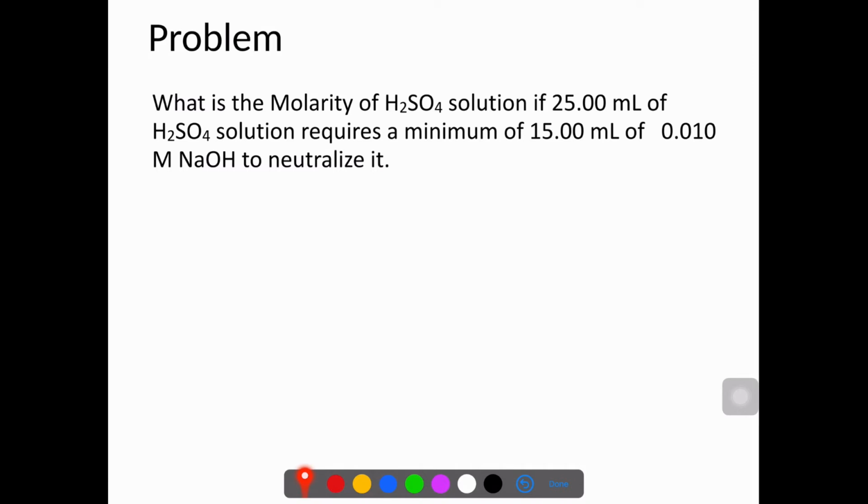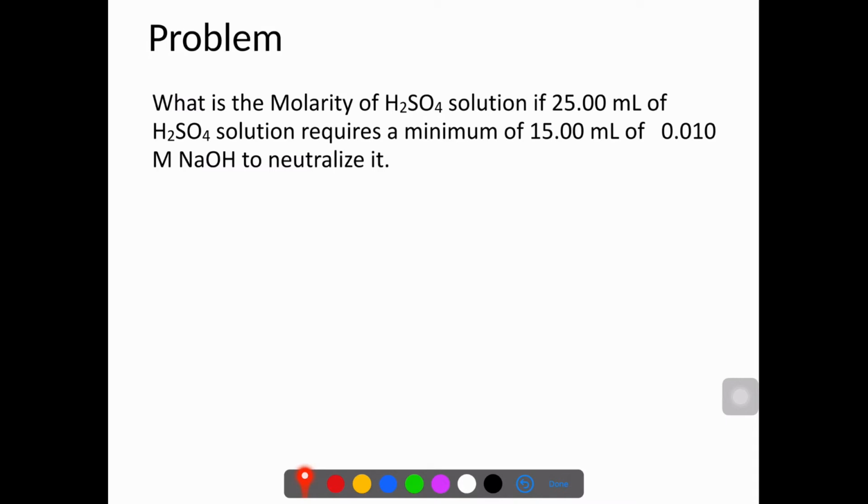So you're basically neutralizing sodium hydroxide and sulfuric acid. Using this information, how can you find the molarity of the sulfuric acid solution?